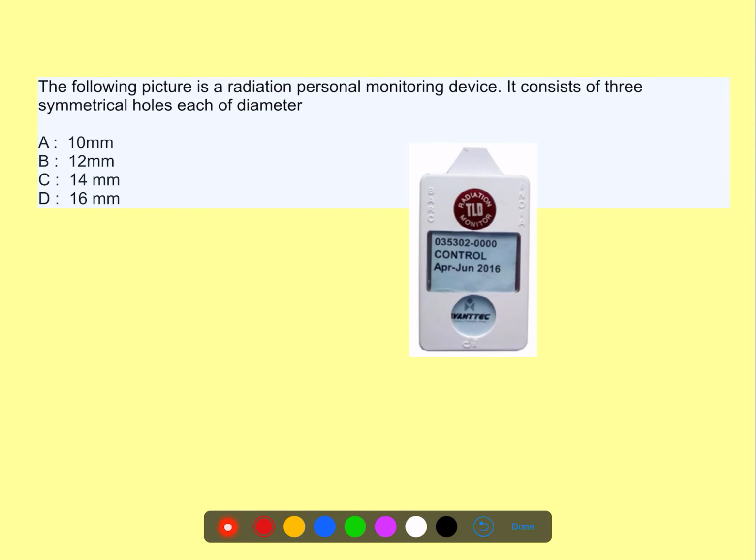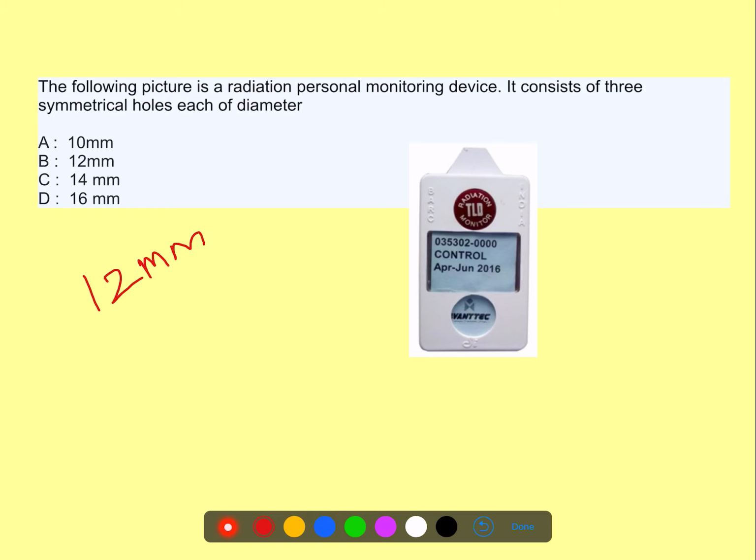The following picture is a radiation personal monitoring device. It consists of 3 symmetrical holes. So this is a TLD badge given here, and you have to remember for the TLD badge, it consists of 3 symmetrical holes, and each symmetrical hole will have a dimension of 12 mm.